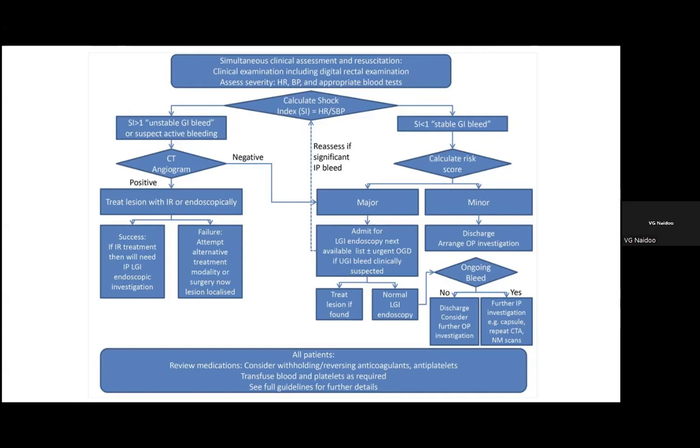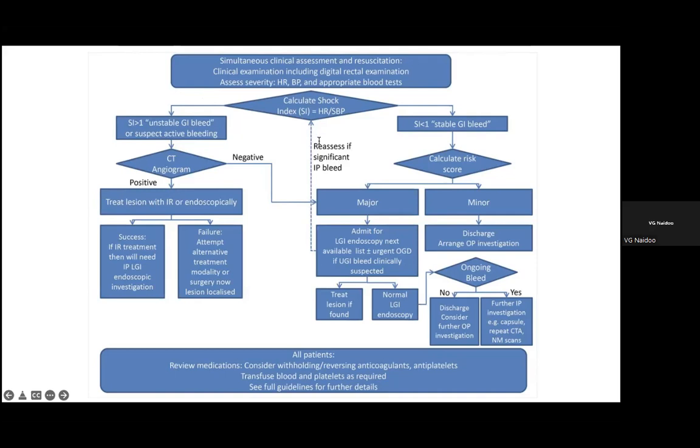These individuals bleed to the point of requiring transfusion. They needed to be resuscitated. And of course, the bleed can be anywhere, from the stomach, upper GI tract, small bowel, and of course colon.